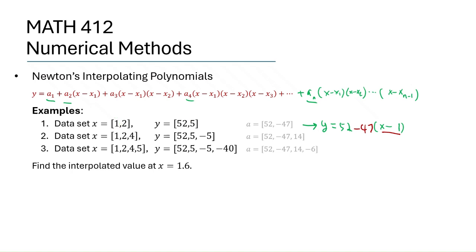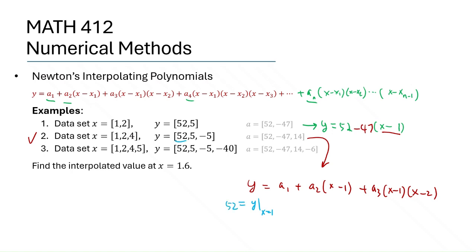Now we'll see how about the second one. With the second one, we set up y as a1 plus a2 times x minus x1 plus a sub 3 times x minus x1 times x minus x2. Set up this way. And how about a1? You evaluate y at x is 1. Now when x is 1, it's 52. Each term has 1 minus 1, so it's just a1.